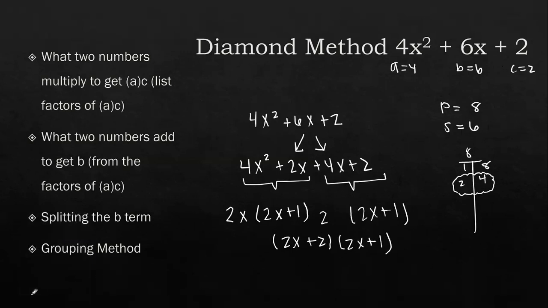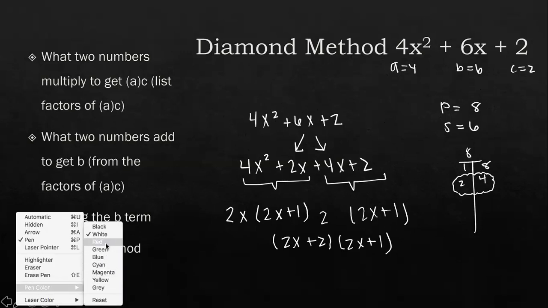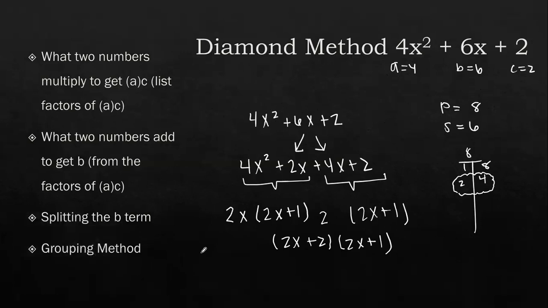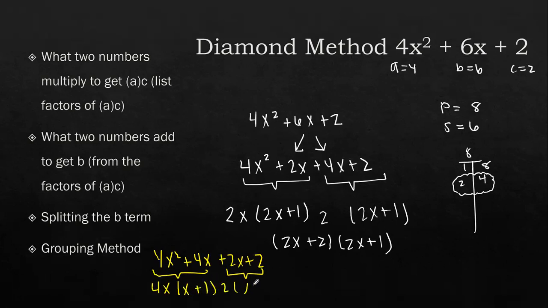However, if I had written it as something different, so if I would have done 4x squared plus 4x plus 2x plus 2, like Alexa and me did, when you group them that would have given you 4x and x plus 1, and this would have given you 2x plus 1, giving you two factors of 4x plus 2 and x plus 1.